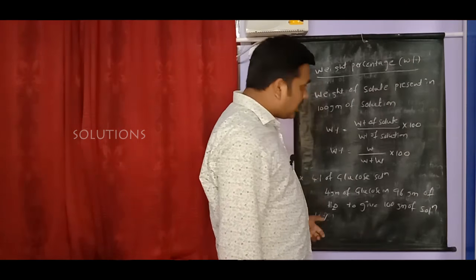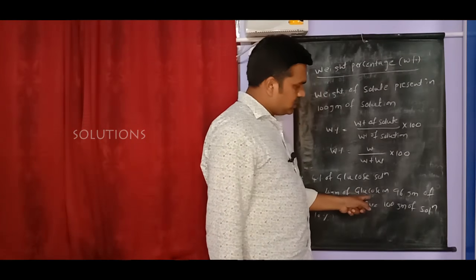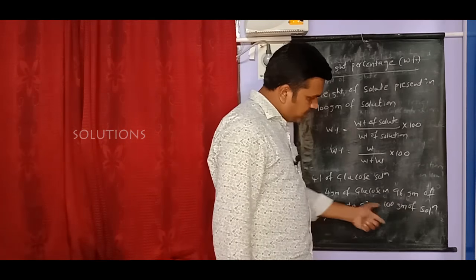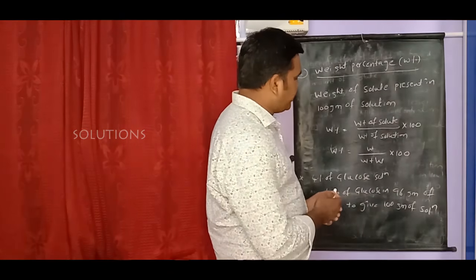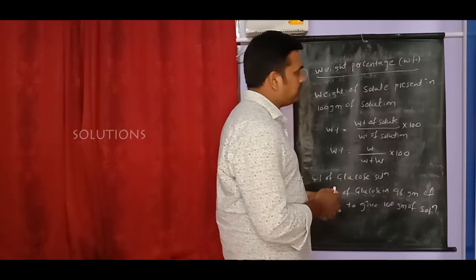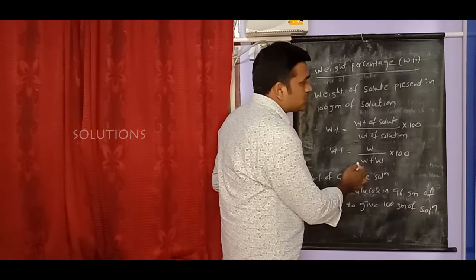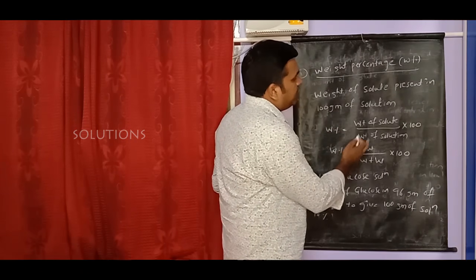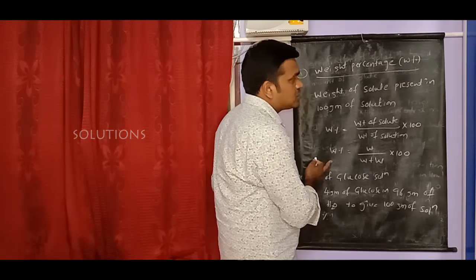So 10% of glucose solution means 10 grams of glucose in 90 grams of water to give 100 grams of the solution. Sometimes we can solve problems if they give the weight percent and the weight of the solution, we want to find the weight of the solute, or they give the weight of the solute and weight of the solution, we can find the weight percent of the solution.